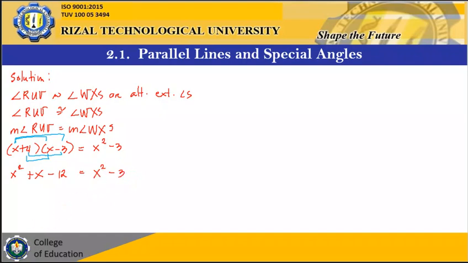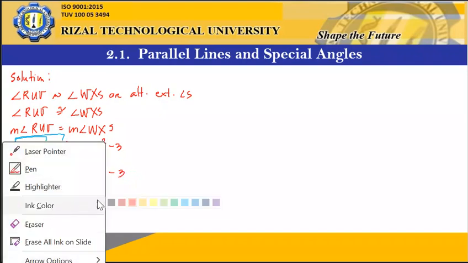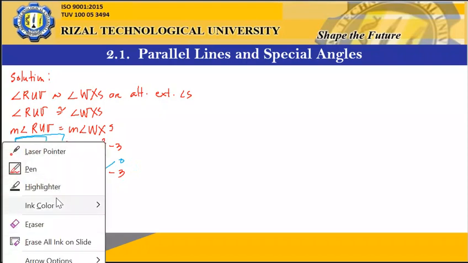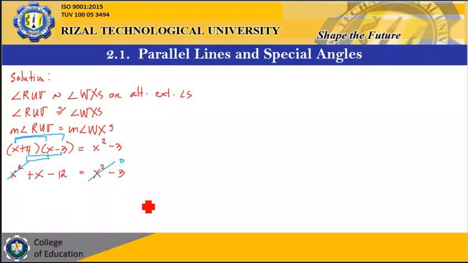And then subtracting both sides of the equation by x squared, the x squared terms cancel out. What remains is x minus 12 is equal to negative 3.